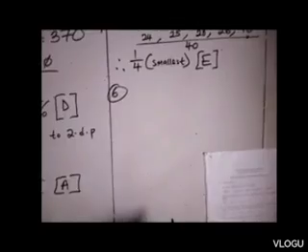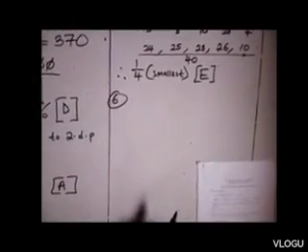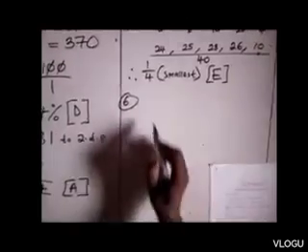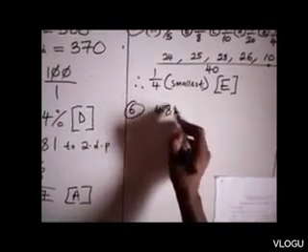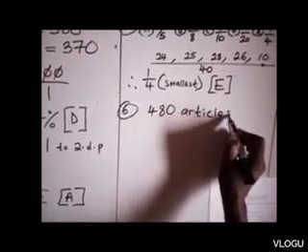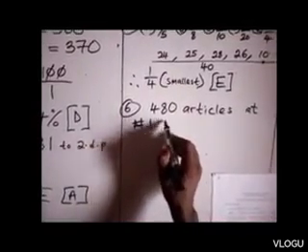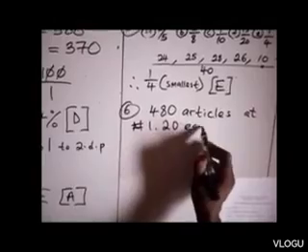What is the cost of 480 articles at 1 naira 20 kobo each? So the cost of 480 articles at 1 naira 20 kobo each.